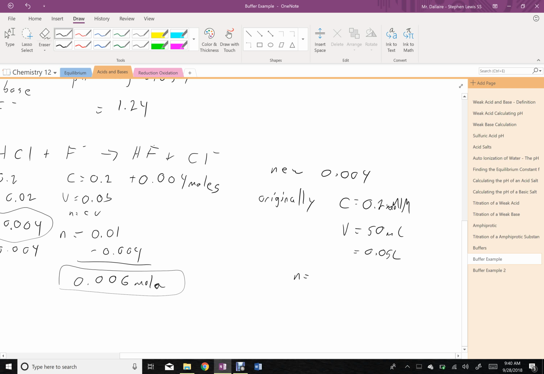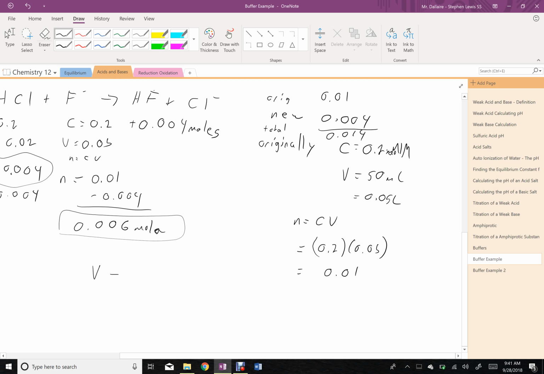So my original amount of moles, concentration times volume, is 0.2 times 0.05 or 0.01. So I have 0.004 new. Originally I had 0.01 from my buffering. So my total is now 0.014. Also note that my volume is increased to 70 milliliters when I added the 20 milliliter and the 50 milliliter solution together.